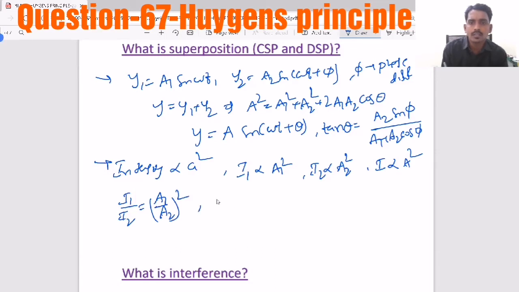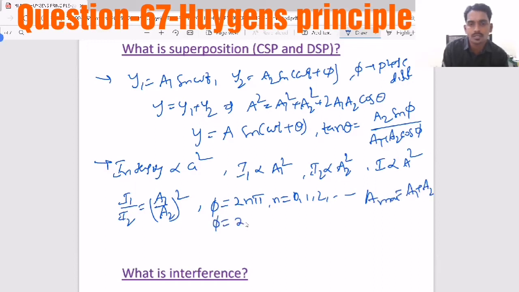When the phase difference is 2n pi, where n equals 0, 1, 2 and so on, the amplitude becomes maximum, that is A1 plus A2.